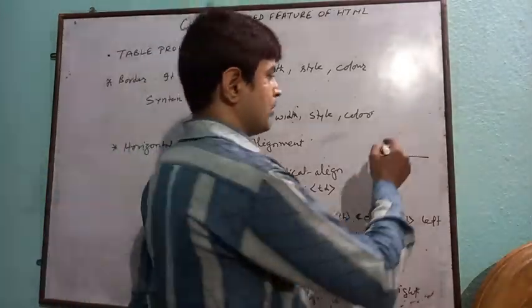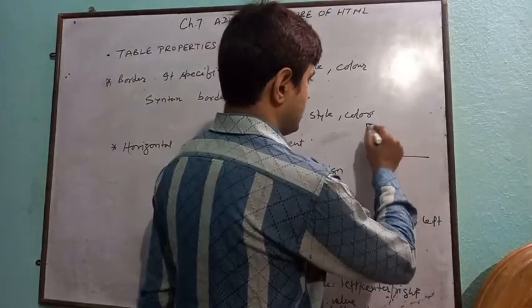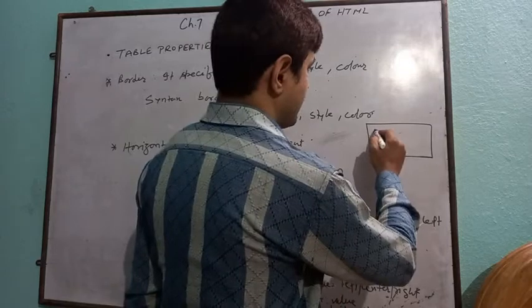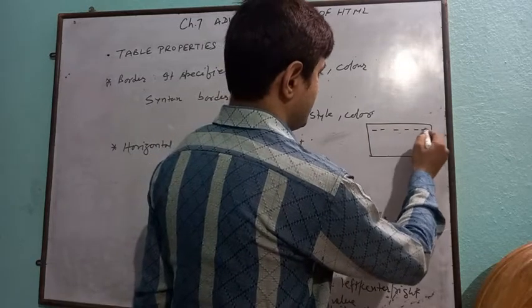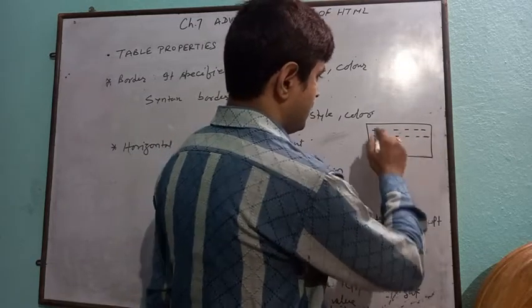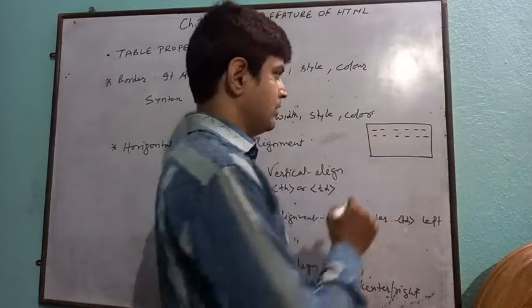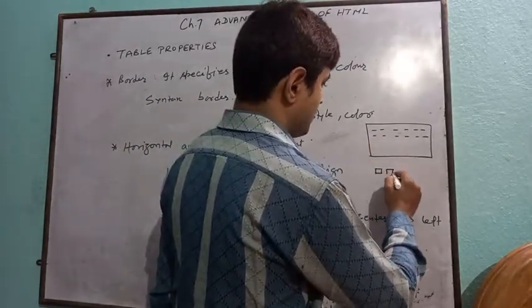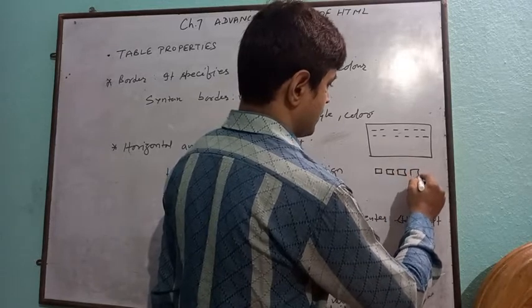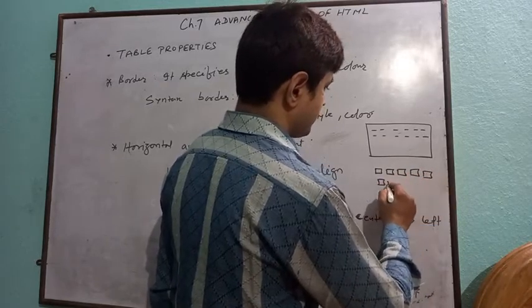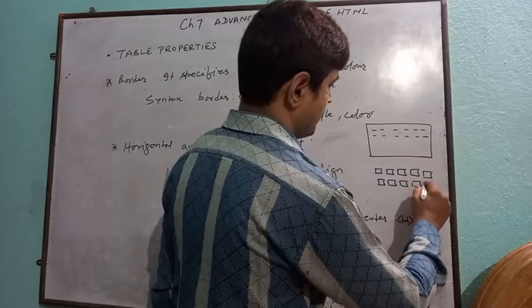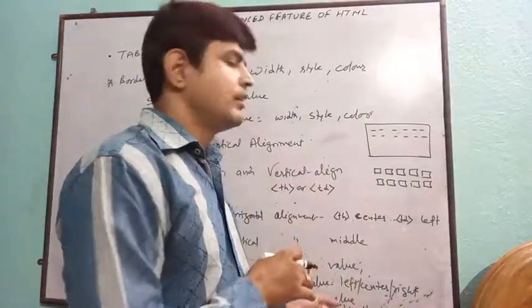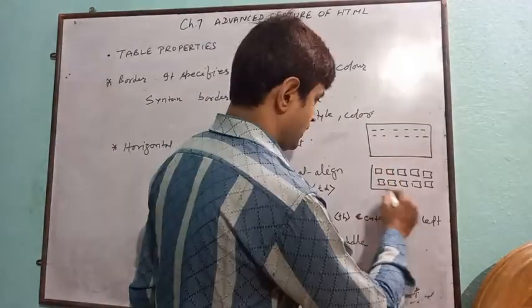If we apply the border around the table only, this is the table border, and its data has no border. If we apply the border only to data, the table will look like this. And if you apply the border on both data as well as table, then it will look like this.